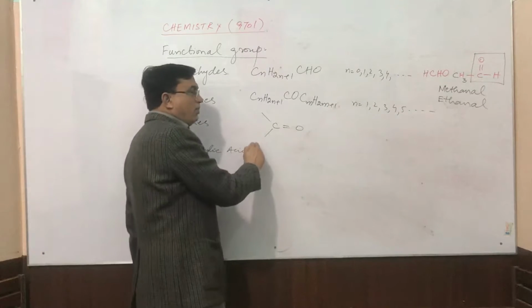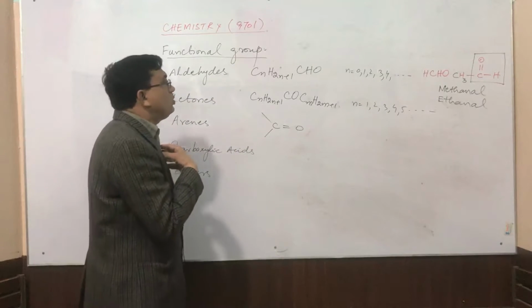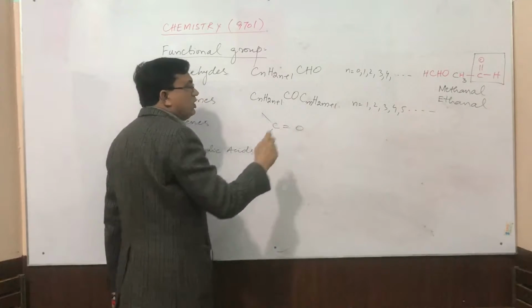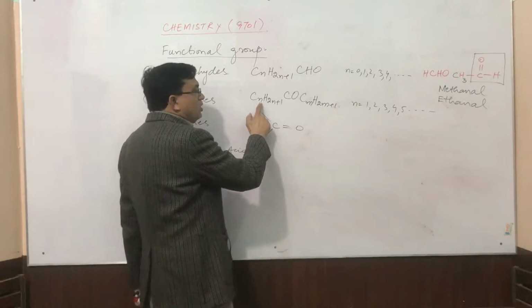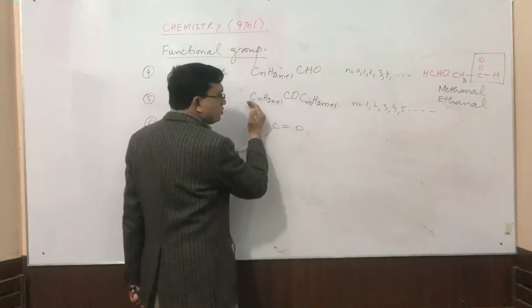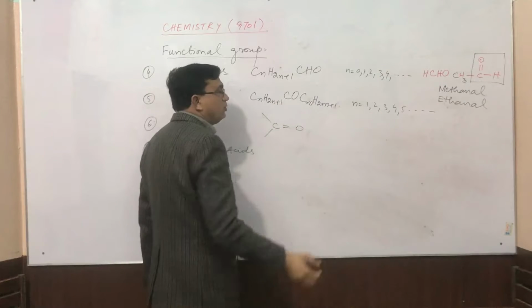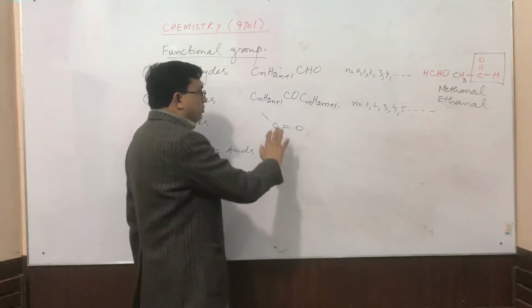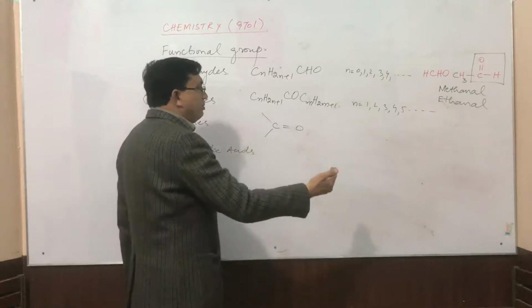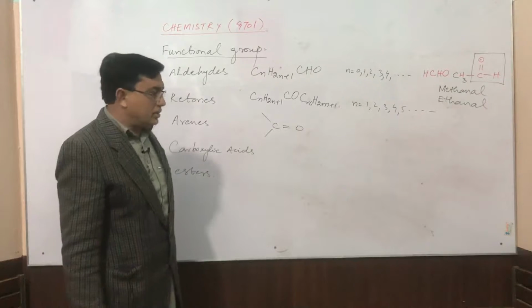If both sides are occupied by carbon atoms, then this functional group is called a ketone. And this is the general formula of ketone, where the value of n and the value of m are used, because an alkyl group will come on both sides, we have used 2 different letters, n and m. Both sides' alkyl groups might be the same, might be different.